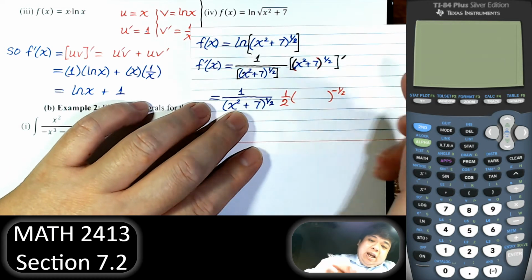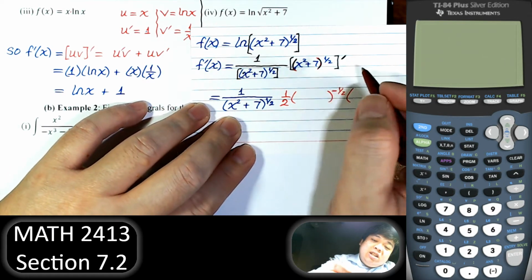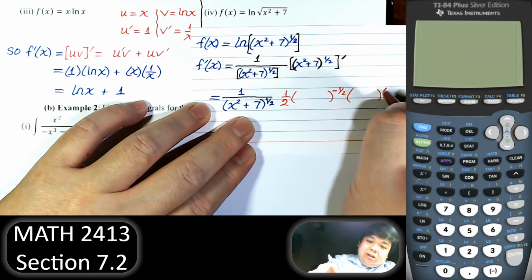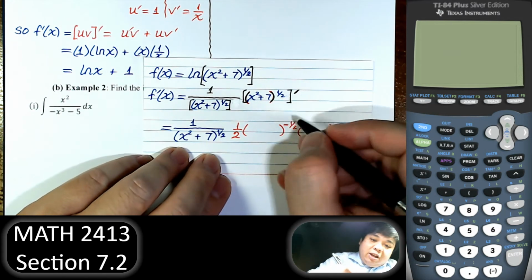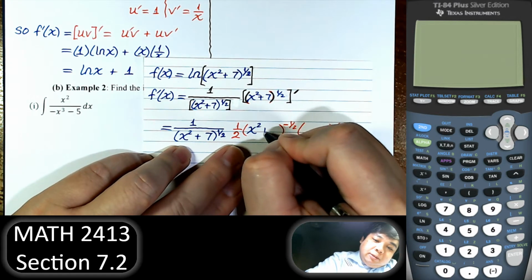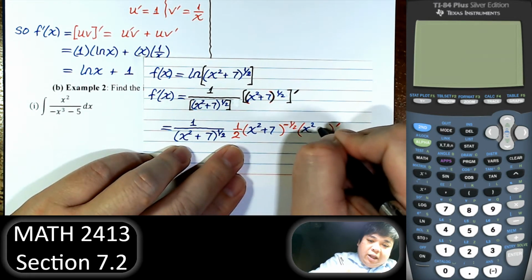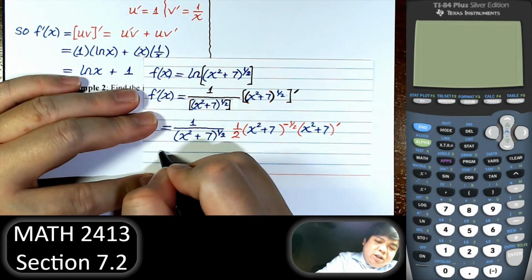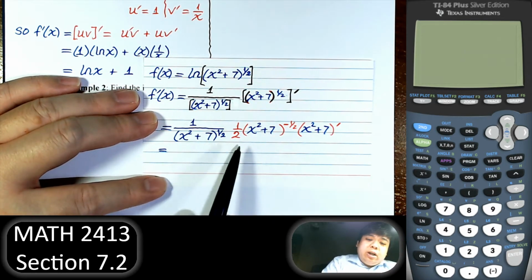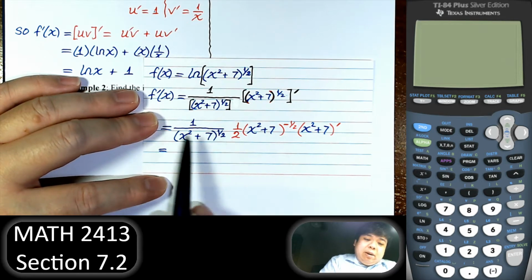And then the derivative of inside the parentheses, which is x squared plus 7. If I write it like this, it will not fit in that space. So there's a better way to do this, but this certainly works. So let's just clean up. I put the 1/2 in front.